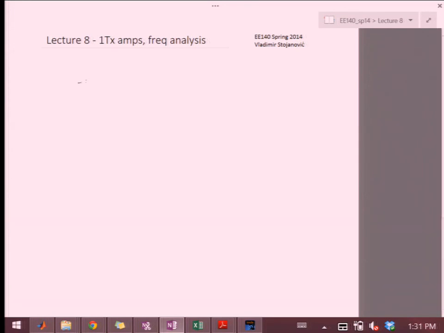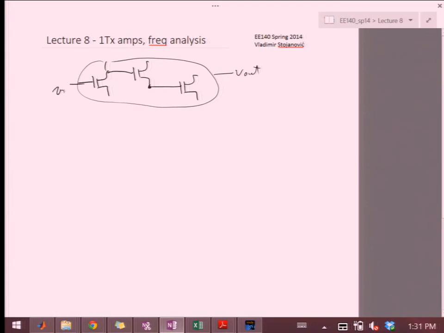So if we had some kind of transistor network, and pretty soon you'll start seeing these multi-stage amplifiers, right? So there's something here, some Vout over here, and some Vin. You're going to start analyzing it stage by stage by looking at Rn.